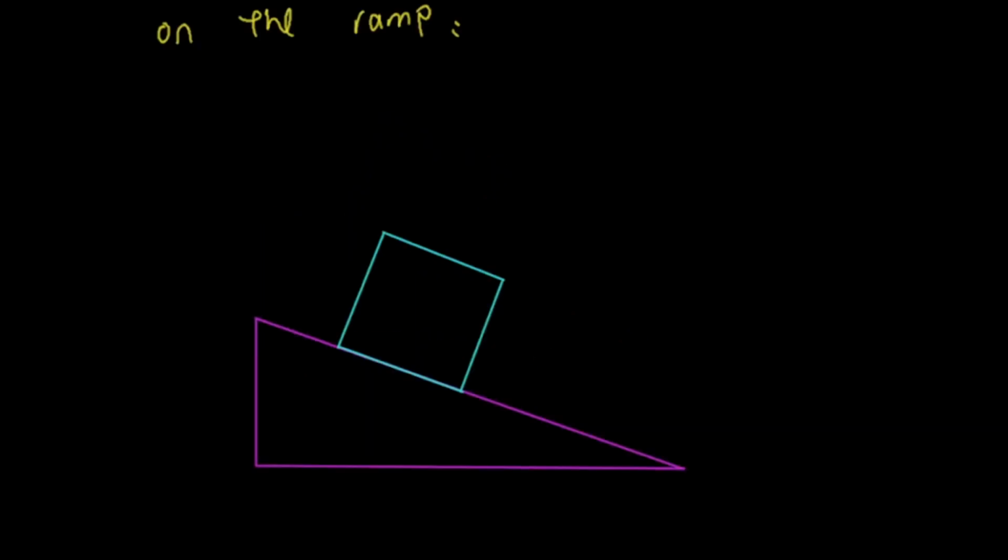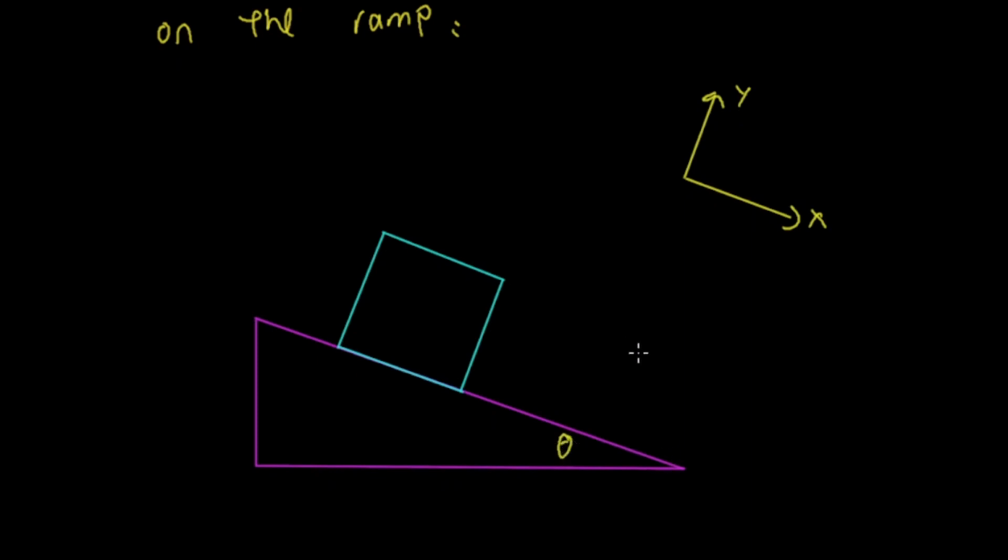Now we will label the axis the same way. For example, this will be the y-axis and that will be the x-axis, this way. Okay, so it has angle theta.